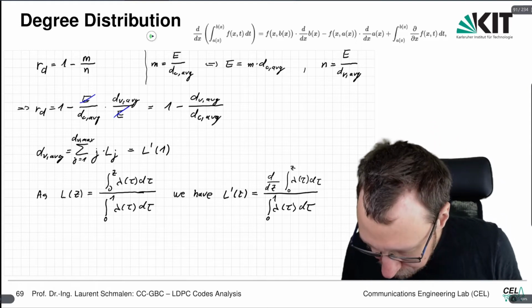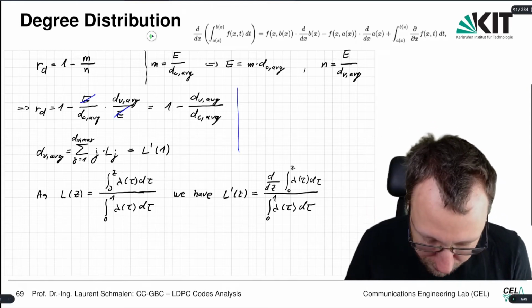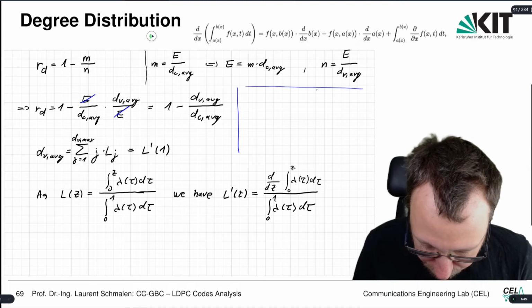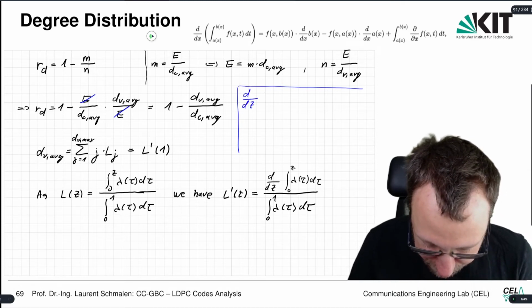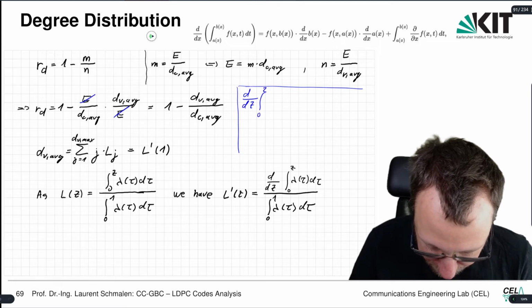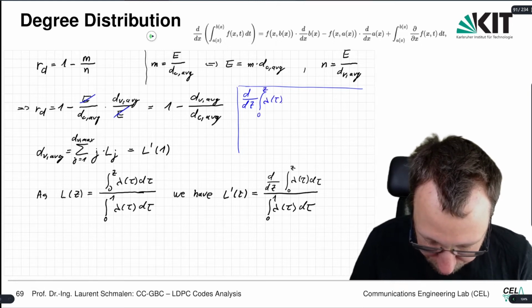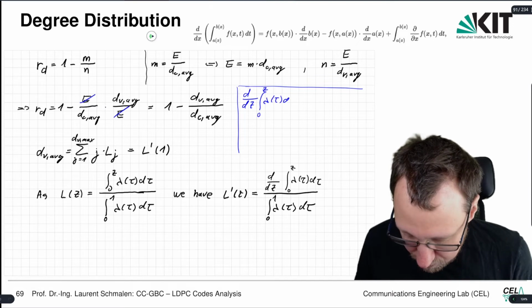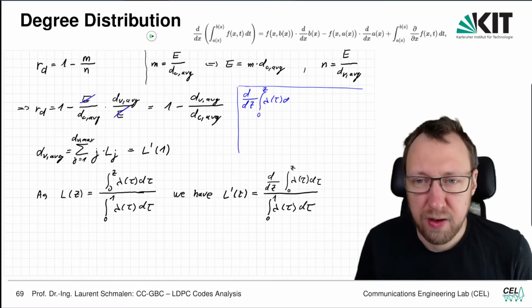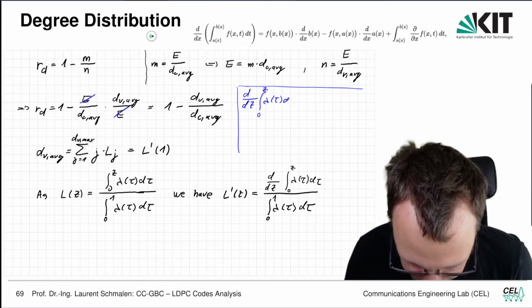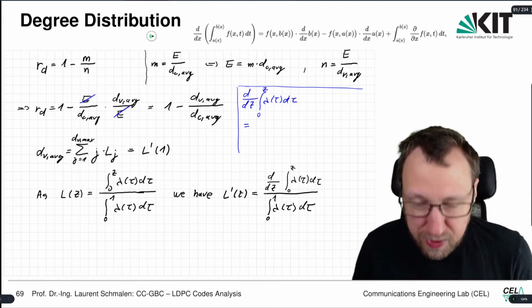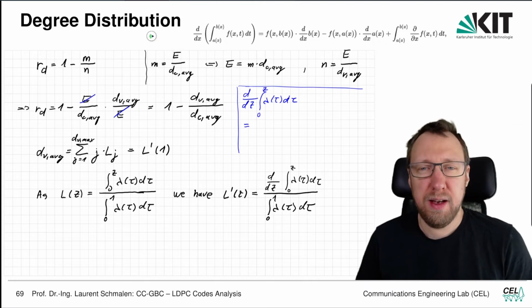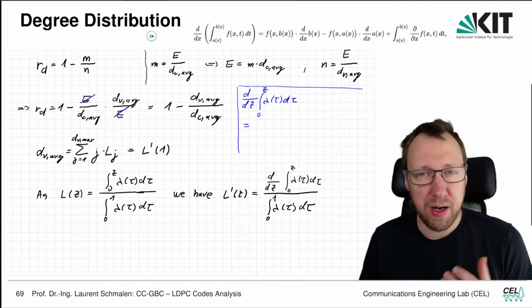So let's do this. We do a small side calculation over here. We calculate d with respect to dz of the integral from 0 to z of lambda tau d tau. So we start with the function evaluated at the upper limit.